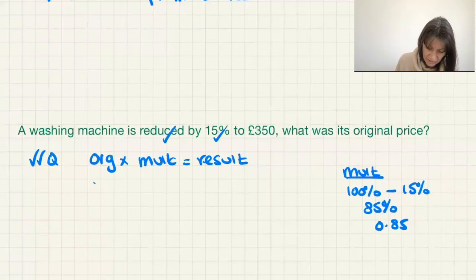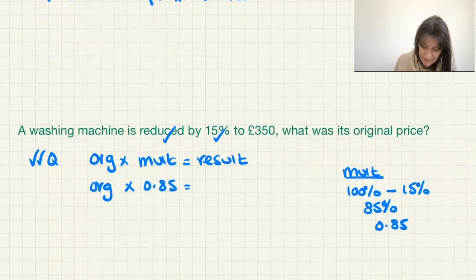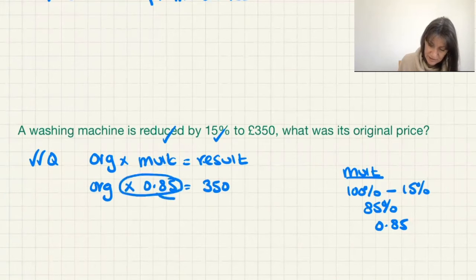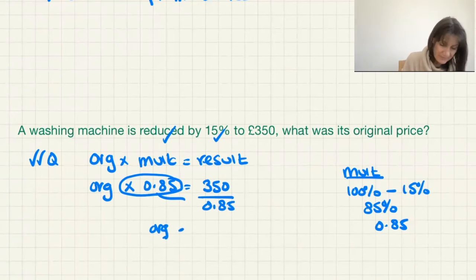I don't know the original. I know whatever it was multiplied by 0.85 to give me £350. So get the original on its own. So move it to the other side, and now the original is 350 divided by 0.85.